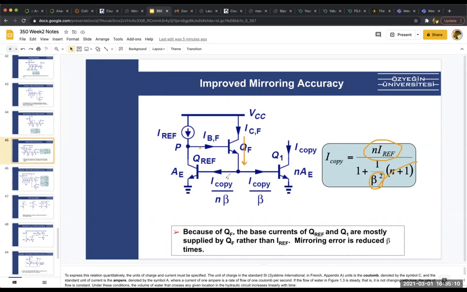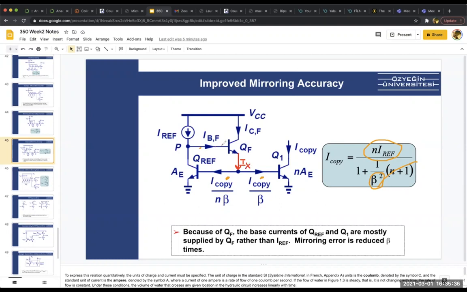These two currents, this one and this one, the sum of them is now this current, right? Just like the previous circuit. But now this current is IC. So this current being IC, let's call it IX, for instance.